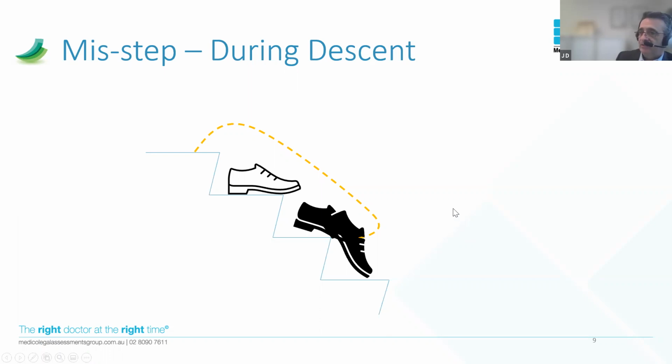And slips like this can occur even on stairs which are dry or carpeted. Again, the issue typically relates to the dimension of the step tread being smaller than the preceding step, which means that a person anticipates a step being larger than it is, and it will cause them to overstep.